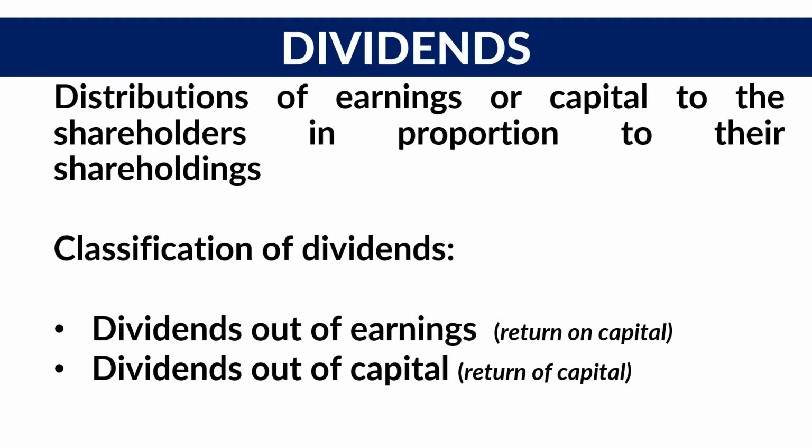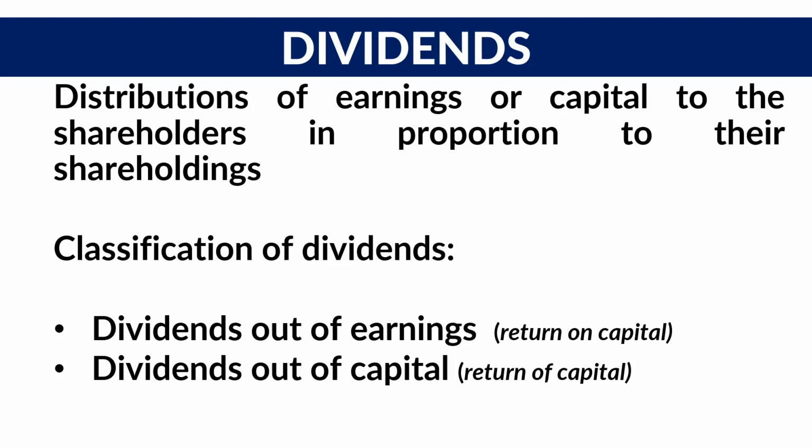Okay, next is dividends. This is the main discussion of this video lecture. When we say dividends, these are actually distributions of earnings or capital to the shareholders in proportion to their shareholdings or percentage ownership in the corporation. There are two types or classifications of dividends.